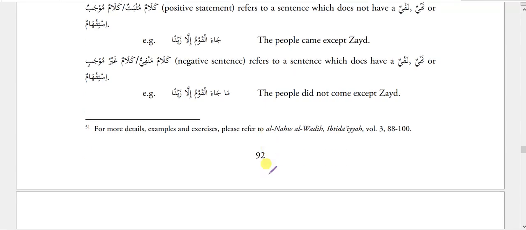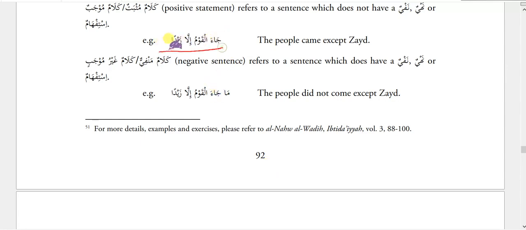Then we have kalamun manfiyyun or kalamun ghayru mujabin, just the opposite. Here in the sentence either a question is asked, or there is a denial of information, or there is a command to not do something. For example, ma ja'a al-qawmu illa Zaidan, the people did not come except Zaid. But now here the translation is changed.